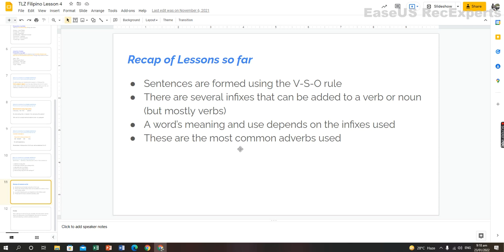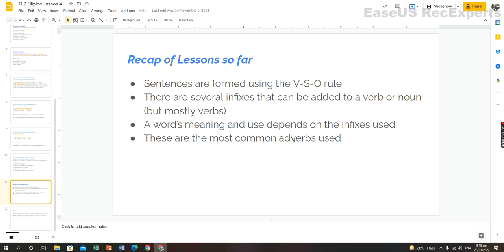So, in English, you just put the stress on a different syllable and it means something else, right? In our case, we do the same. Well, not with everything. So, for example, hapon, the stress is on the first syllable. It means afternoon. But if we put the stress on the last syllable, hapon, that means the Japanese people or just the Japanese.